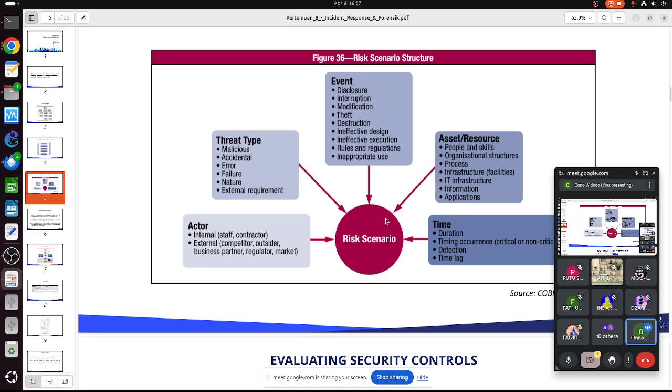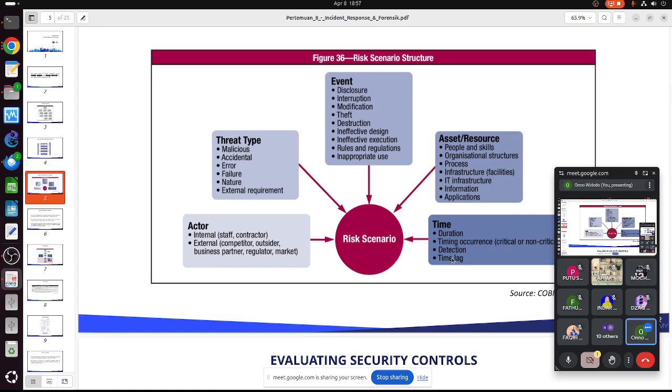Also the asset or resource: people, skills, organization structure, process, infrastructure, facilities, IT infrastructure, and information appliances can also make up this scenario.